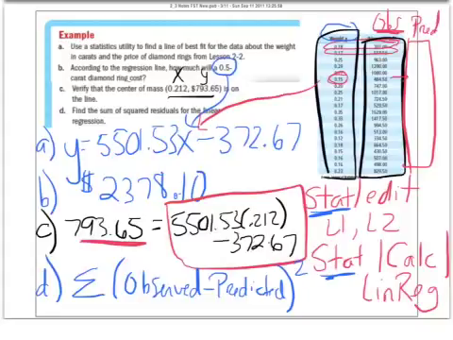You can do that for every one. I'd put the 0.12 in for x and get what the y is and put that value right here. That's predicted. So then all you need to do is take the observed minus the predicted and get an answer over here. Take that answer and square it and then add those all up. Again, this is one thing I'll show you in class how to do on the calculator.